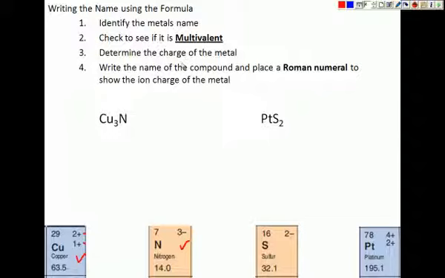Determine the charge of the metal. So what we see here is that N is a -3 charge, and therefore that equals -3. Now what we can see is that we have 3 coppers.